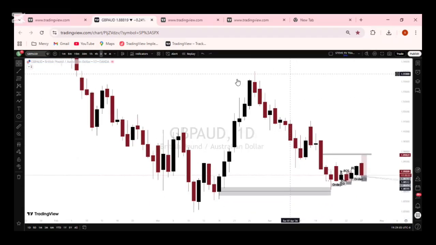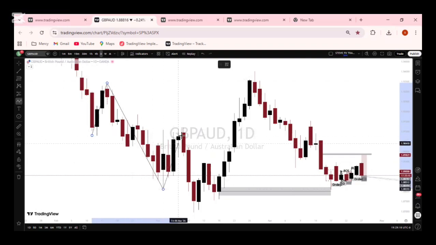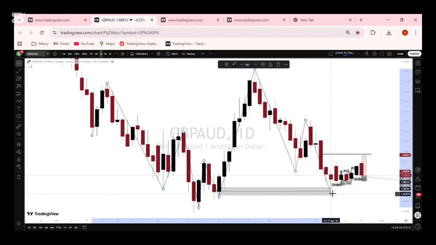If we are marking our daily highs and lows or major swing points, we have our major swing point. We had a minor swing over here. So this is our major swing point from here.